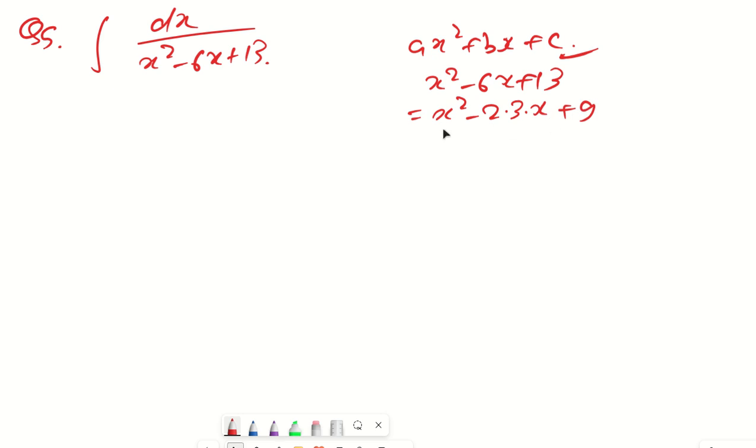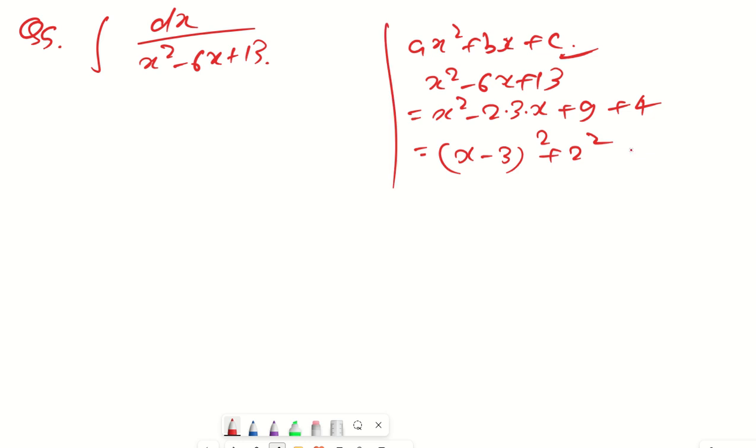Now what we are going to have, x square minus 6x plus 9, so the remaining is 4, so I can write it down plus 4. So 13 can be taken as 9 plus 4. If you don't have 13, then you have to put minus 9 like that, okay? This can be written as x minus 3 whole square plus 2 square. Is that okay?